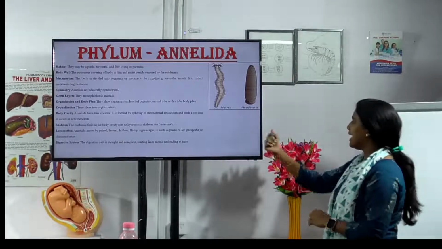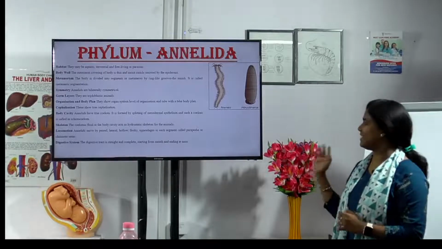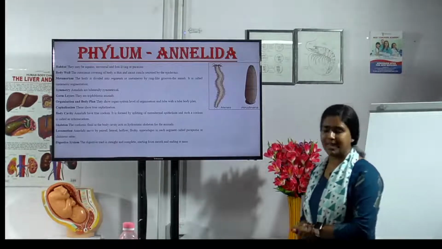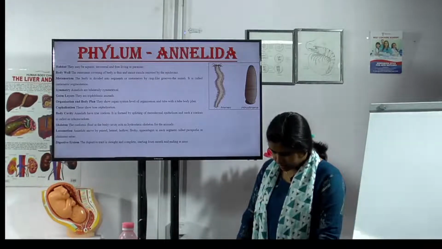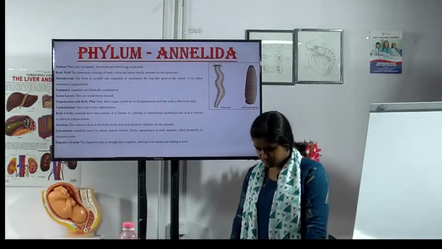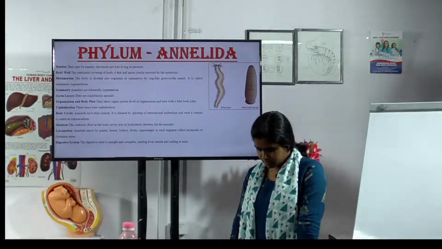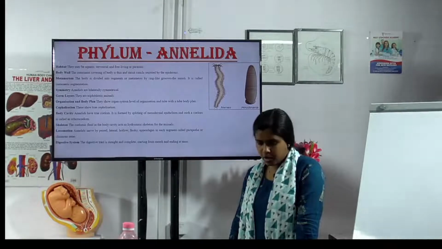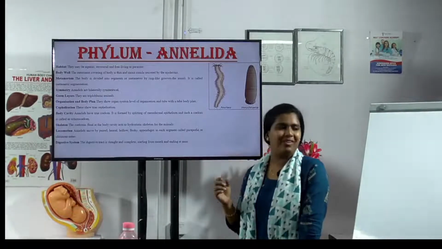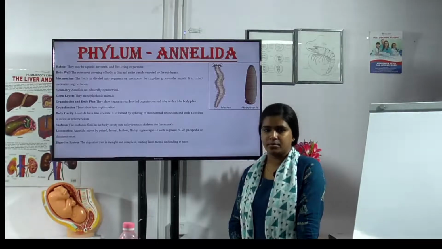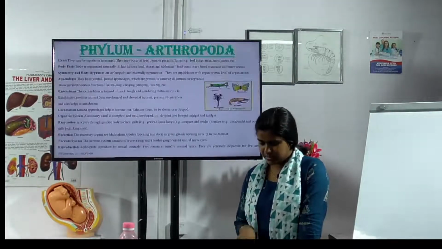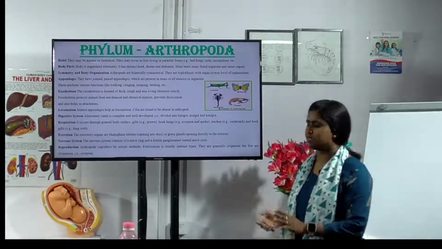Digestive system is straight and complete, starting from the mouth and ending at the anus. These are the first animals to have a closed circulatory system.